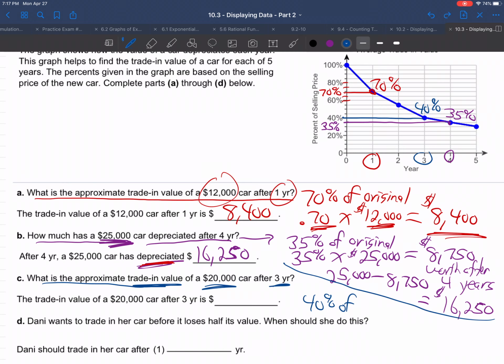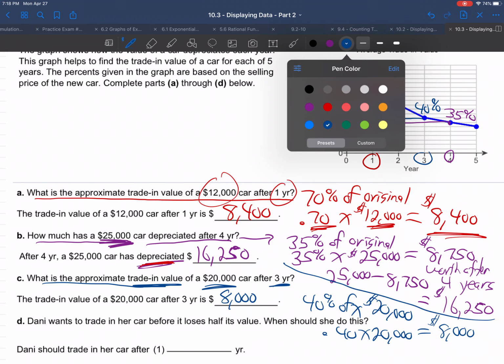So that's 0.40 times 20,000. I'm getting 8,000. So after 3 years, that $20,000 car is only worth $8,000. It's dropped a lot after 3 years.